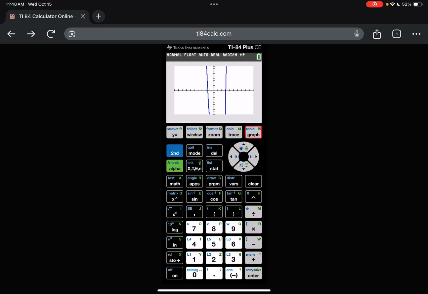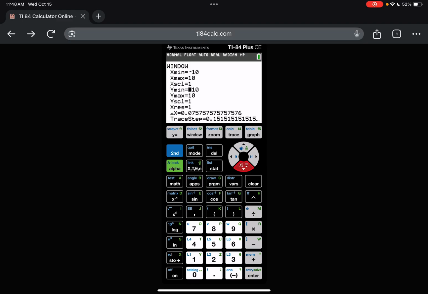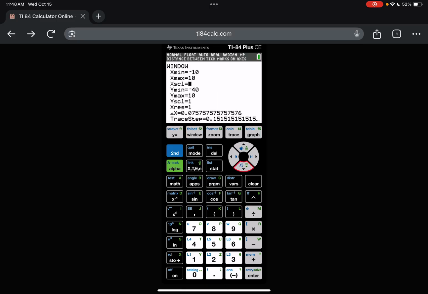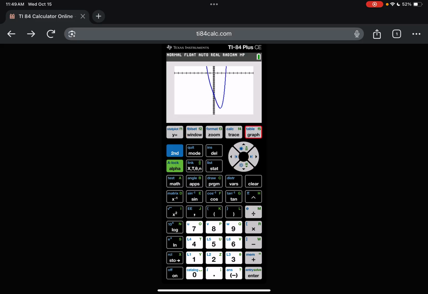So for example, if I go to the graph, I can see that I can't see the bottom of my function. So I might want to go to window and change my y min. Maybe I'll change it from -10 to -40. Maybe a little bit more, maybe we'll go to -50, maybe -60. All right, now I can see my whole function.